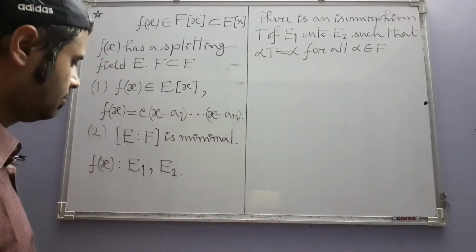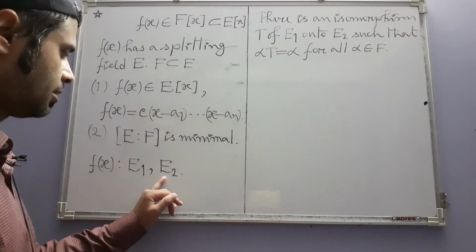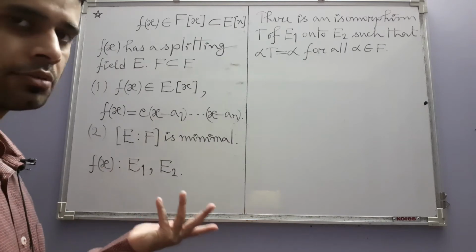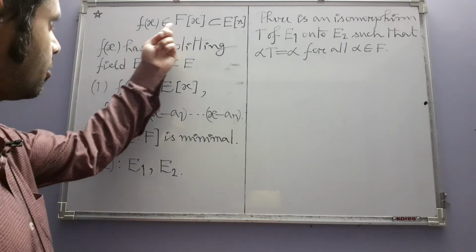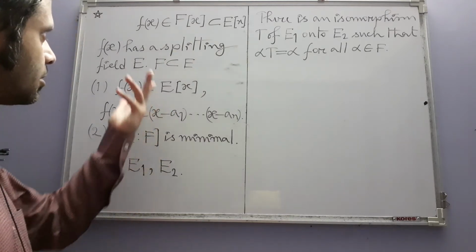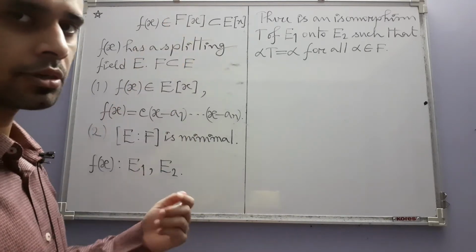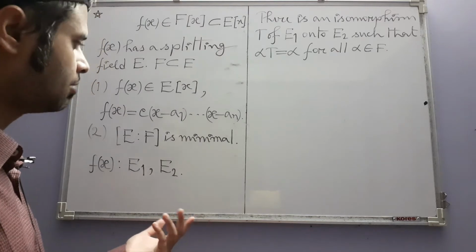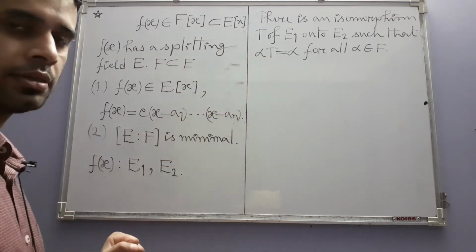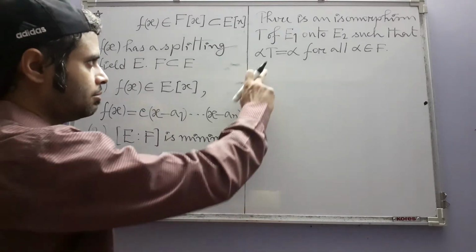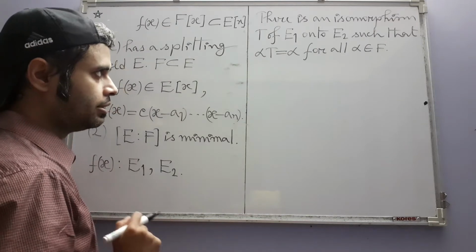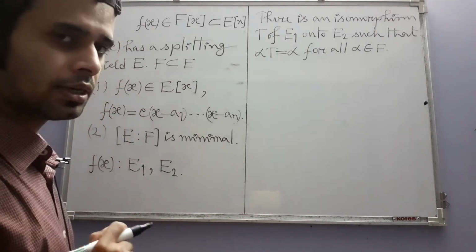Keep in mind that being a splitting field, for example, E1 is a splitting field of f(x), which is a polynomial coming from this polynomial ring. So E1 is by definition an extension of F, that means F is sitting inside E1. So T can be restricted to this subset F. Now if you do that, then T becomes the identity map on F. That is, T does not affect F at all.